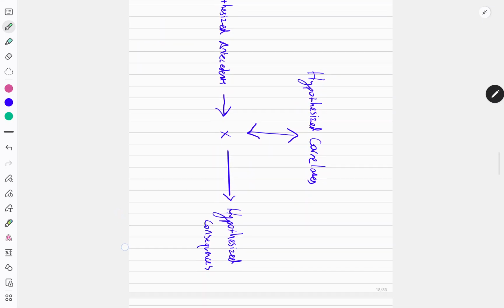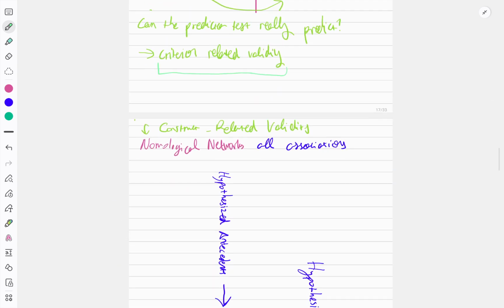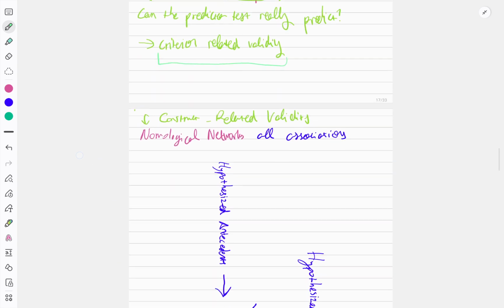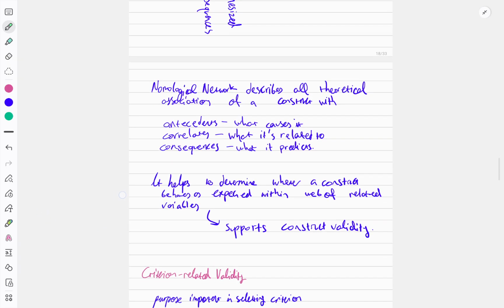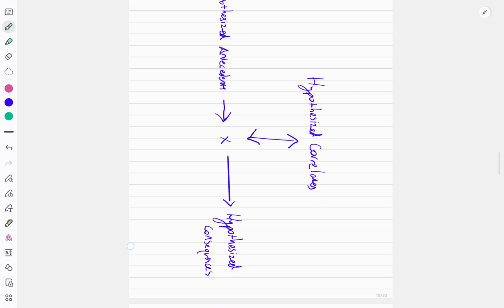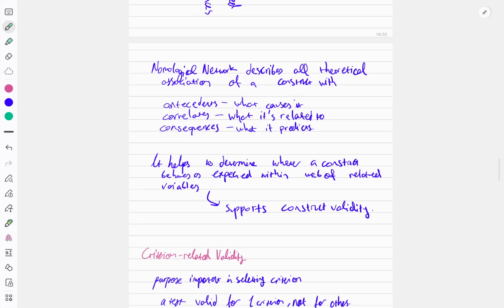We have talked about this, but in the slides this was mentioned again, so I wrote it again here. It's nomological networks. A nomological network describes all theoretical associations of a construct with antecedents, correlates, and consequences.